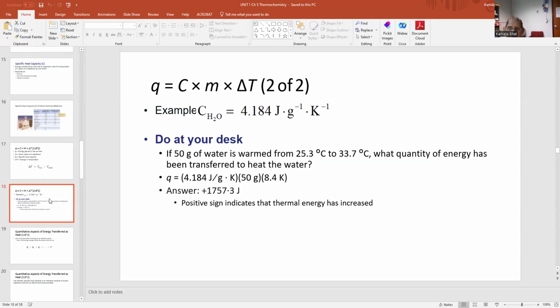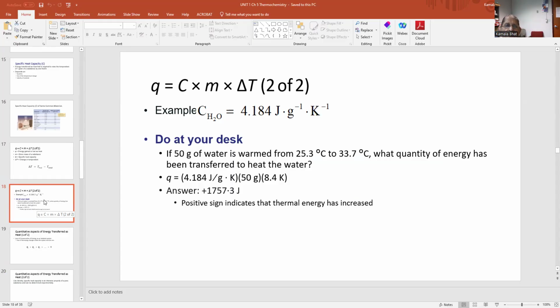Now you can work out a problem at your desk and the answer is given. So you have 50 grams of water heated from 25.3 to 33.7 degrees. What is the amount of heat energy that has been transferred to the water?